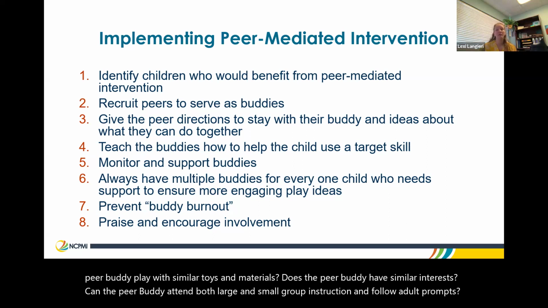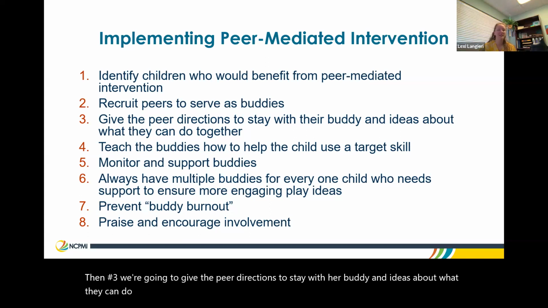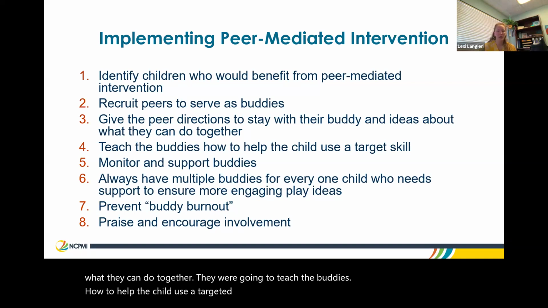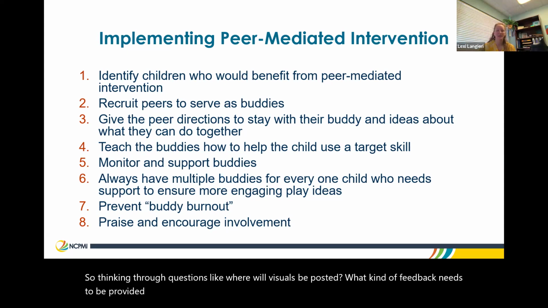Then number 3, we're going to give the peer directions to stay with their buddy and ideas about what they can do together. Then we're going to teach the buddies how to help the child use a targeted skill. We're going to monitor and support the buddies, thinking through questions like: Where will visuals be posted? What kind of feedback needs to be provided when peer buddies need assistance?